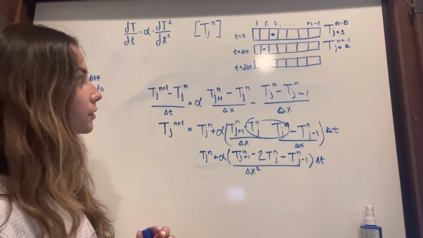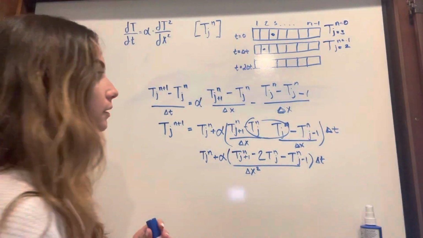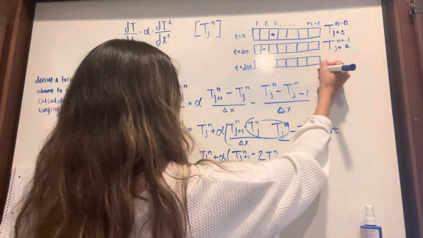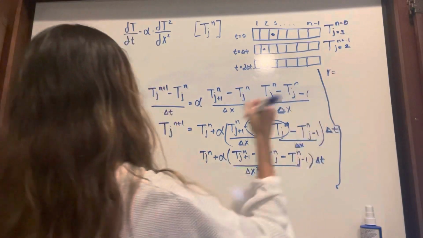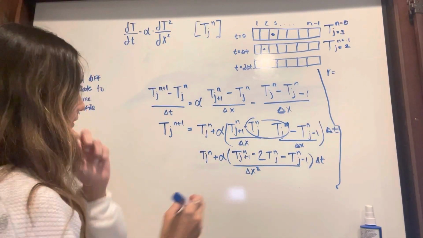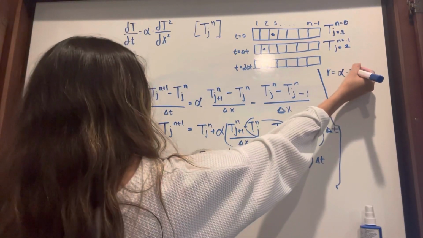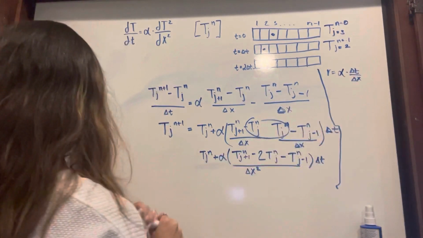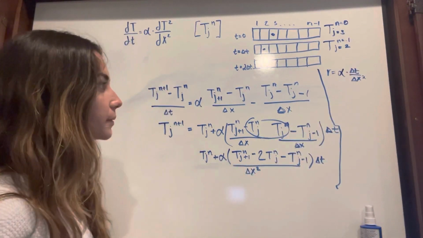Alrighty, and then using our Crank-Nicolson's method, our expression is going to be equal to our partial differential equation. So that is going to be thermal diffusivity times the change in time over the change in position squared.